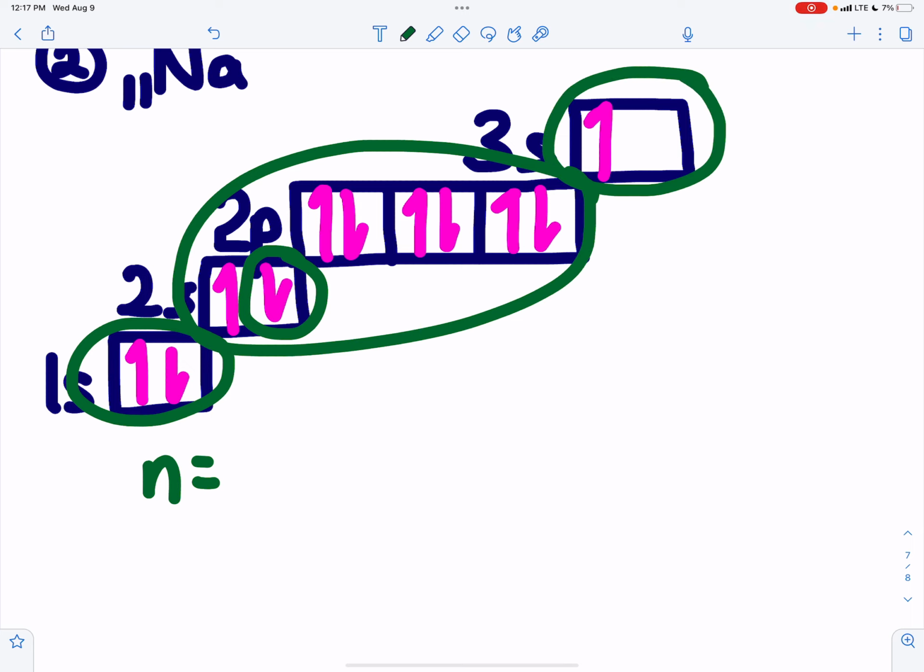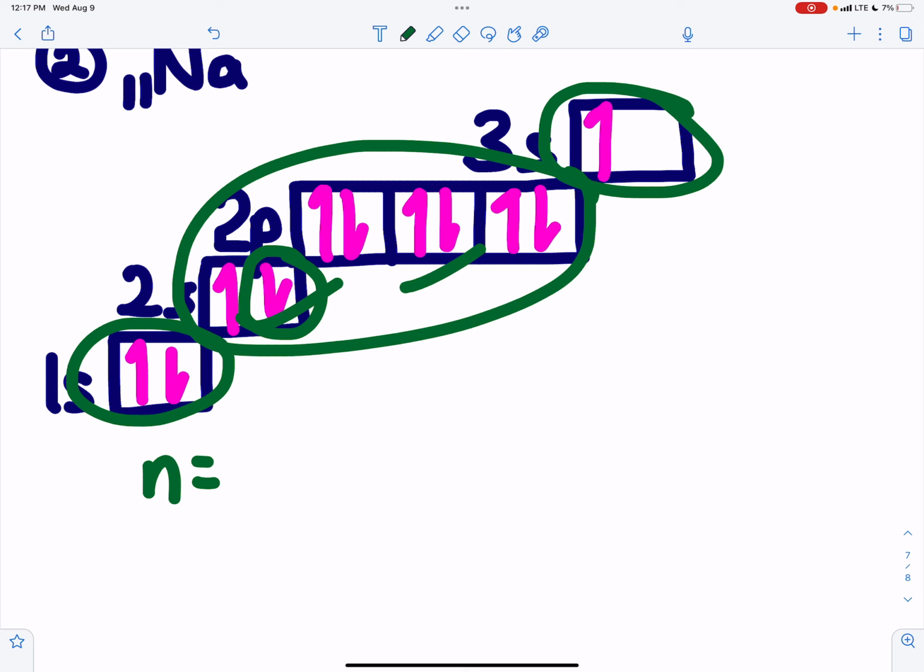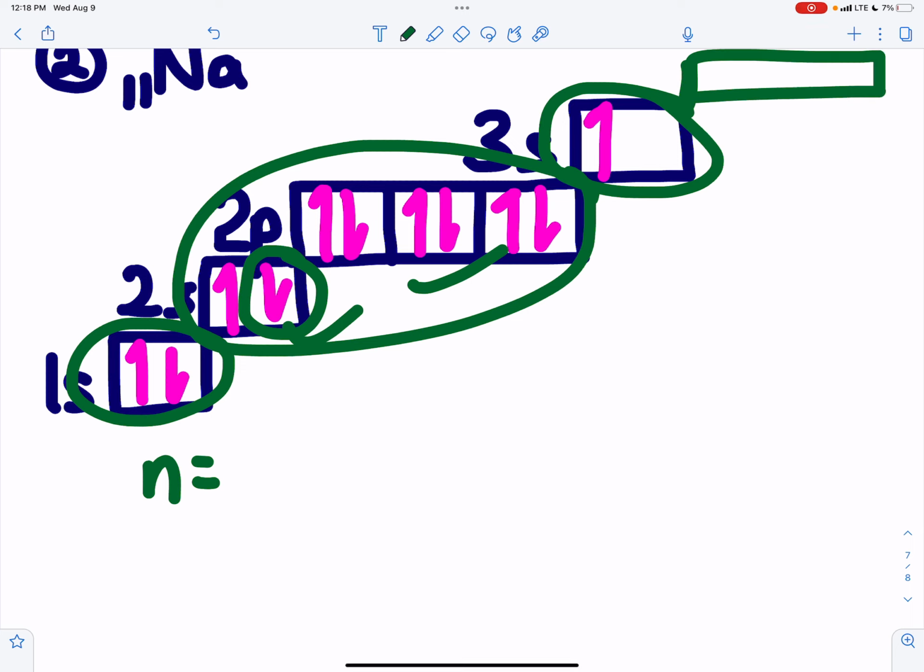Third shell. First shell has 1 subshell. Second shell has 2 subshells, 2s, 2p. Then the third shell has 3 subshells, 3s, 3p, 3d. But because we don't have any electron to fill into the p and the d subshells, we don't need to bother drawing them and leaving them empty.